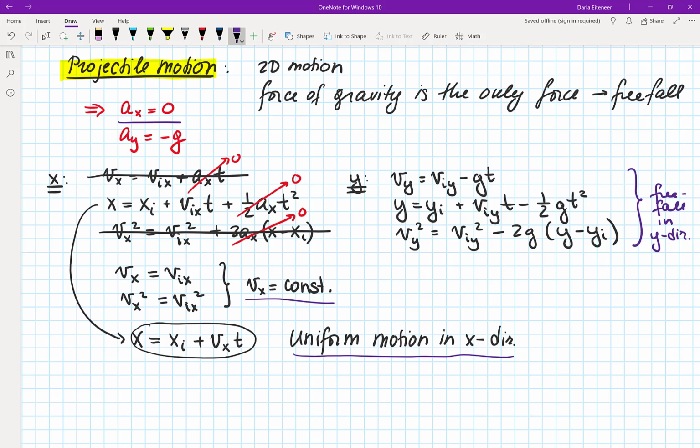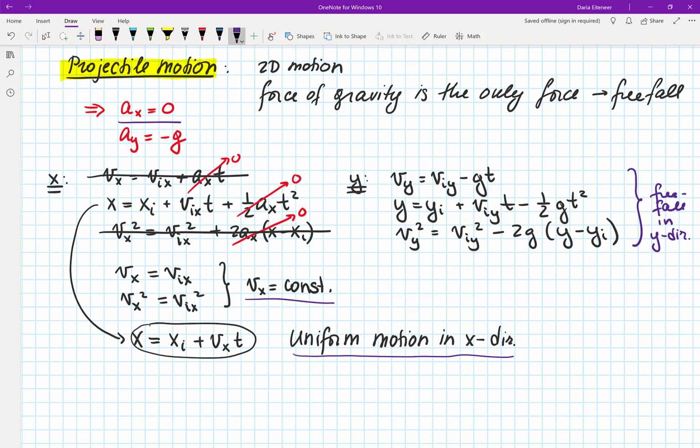So the idea of, well, any two-dimensional motion, but specifically projectile motion, is that we're going to treat x and y separately. For projectile motion, we'll have uniform motion in the x direction and free fall in the y direction. And that's literally it.